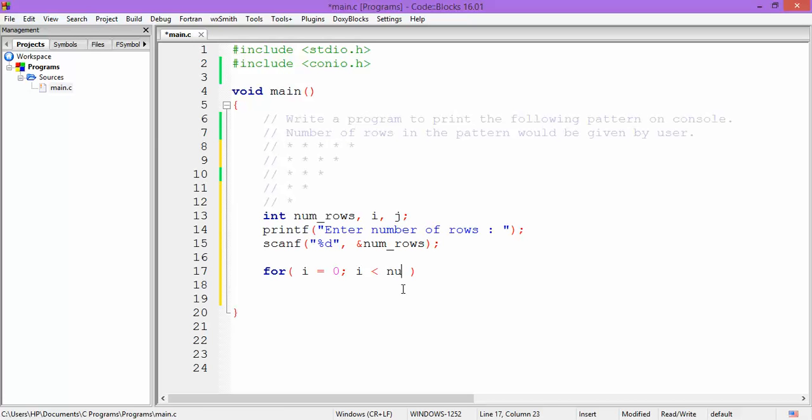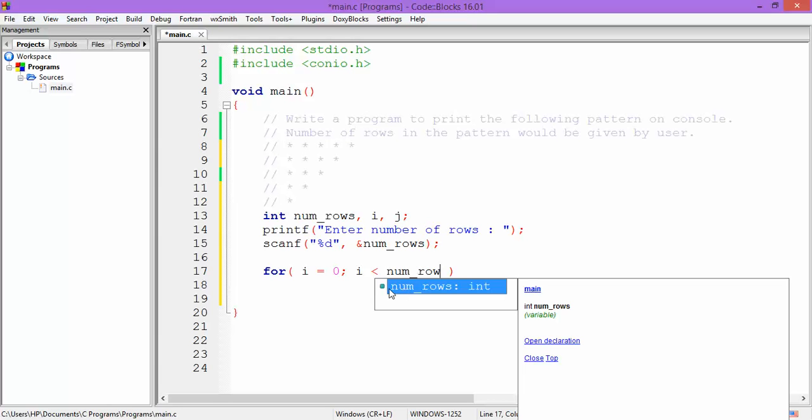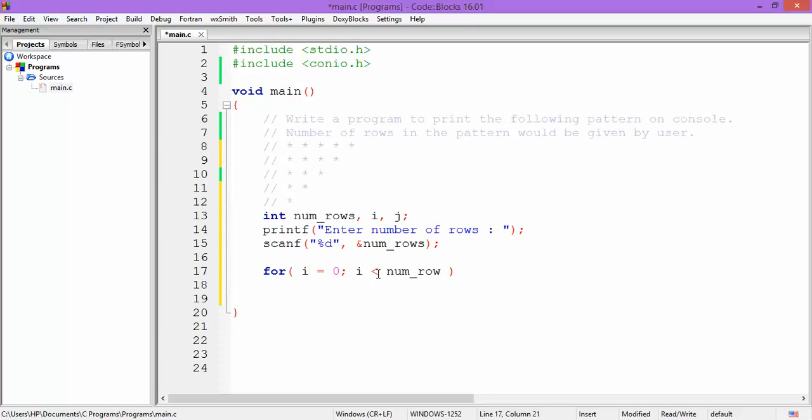So the stopping condition, as we are starting with 0, would be I less than num_rows. If we give a less than or equals to, then as it is starting from 0, the loop would run for rows plus 1 times. So we just want it to run as many times as there are number of rows in the pattern. So the stopping condition would be I less than num_rows, and then we'll increment the loop variable by 1.